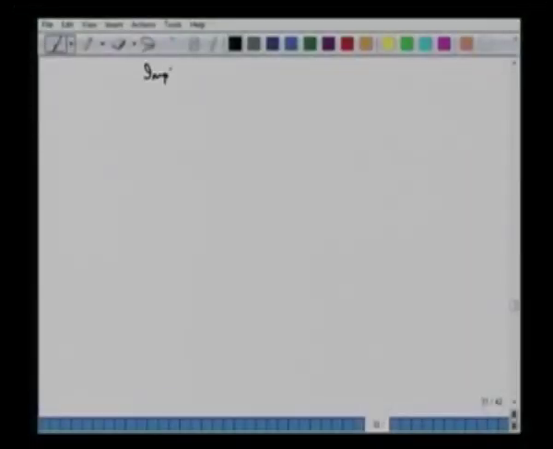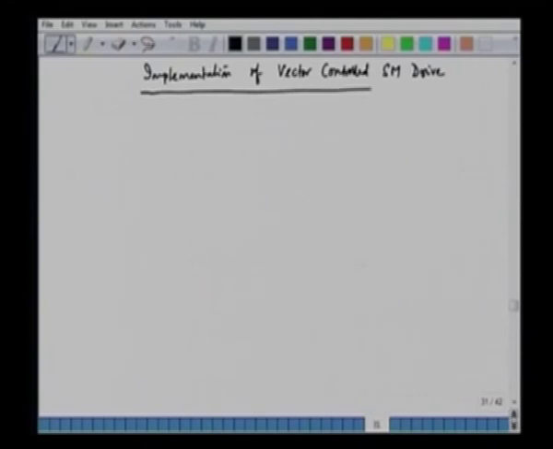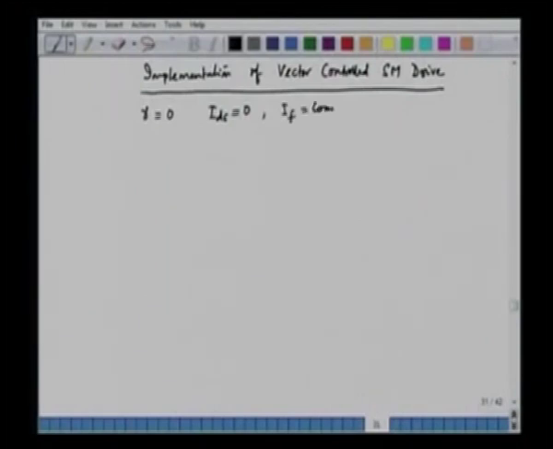Now, here gamma is equal to 0, which means IDS is equal to 0, and we can keep IF constant and IQS is variable.